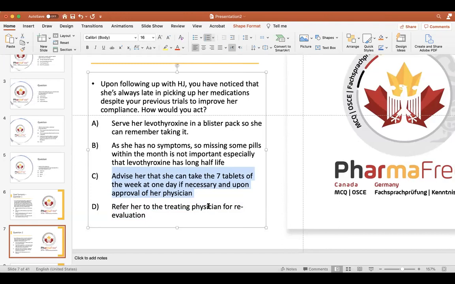Fine, usually there is no side effect from this approach. You can give the 7 tablets once per week. Why can we give that? Because levothyroxine has a half-life of almost 7 days. Well, true, doctor, I agree with you. But if she said that she's not taking the medication because she's forgetting, that's the right answer in my opinion. But here there are no specifications. She could be someone who doesn't like taking medications at all.